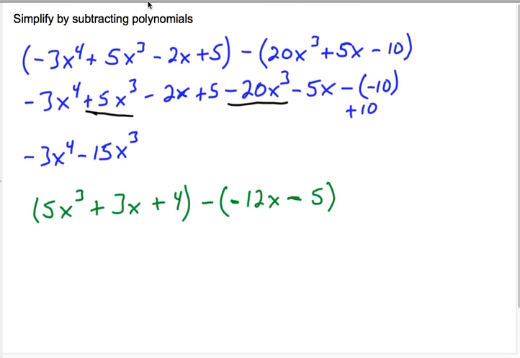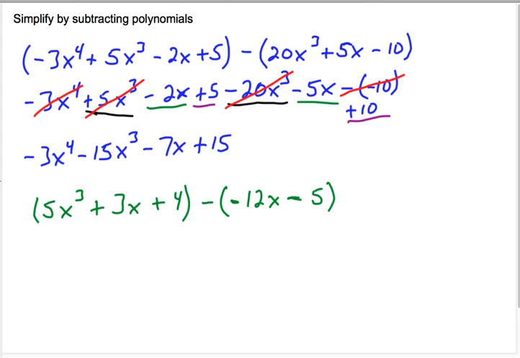Sometimes what's easy to do here is cross out the ones that you applied already so that you know what's left. This became the plus 10, so I just want to cross that out. Now we have a negative 2x and a minus 5x, so that's going to be a minus 7x. And then we have a plus 5 and a plus 10, which will be plus 15. And that's it, so we're done with that one.